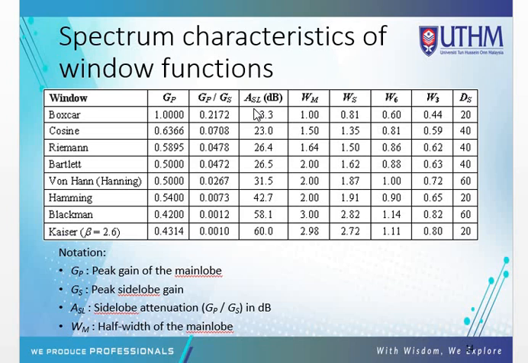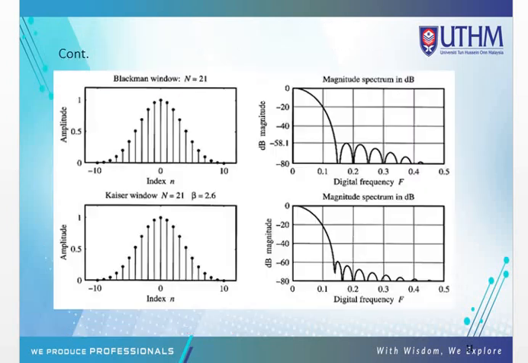Then ASL refers to the side lobe attenuation in dB. And Wm is the half width of the main lobe. Because it is symmetric, we only show the positive side, so it is the half width of the main lobe, like the graph that you see here.